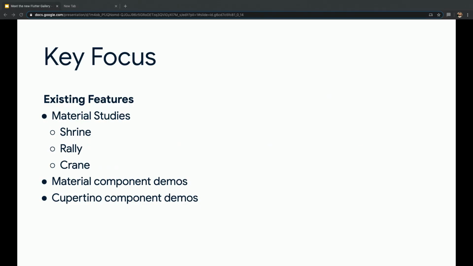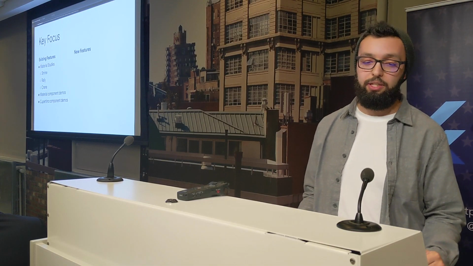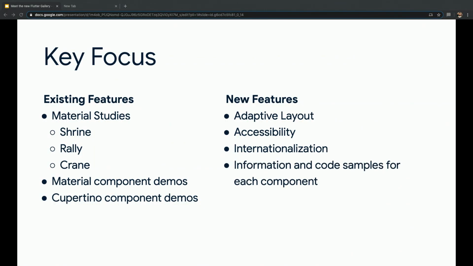Additionally, we wanted to keep all the component demos so that users of the gallery can see what material and Cupertino components we offer. New features we wanted to build: adaptive or responsive layout, built-in accessibility support, and internationalization and localization. And lastly, providing more information in each component demo, including code samples and information about what that component is.